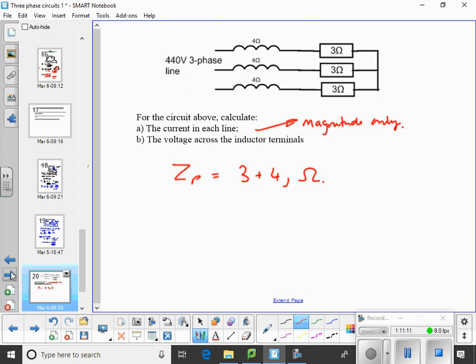What's the quickest way of getting the polar magnitude out of that? Remember what that is? It's 3 this way, 4 that way. Five ohms.